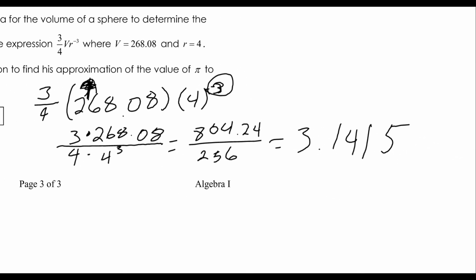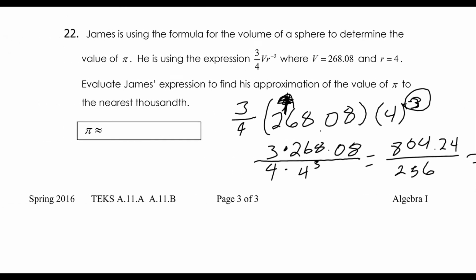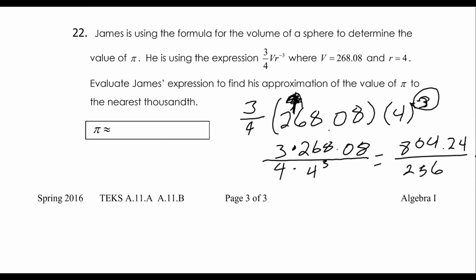So if y'all remember place value stuff, we got the tenths, the hundredths, and the thousandths. Now this 5 right here tells us that we're going to round this up. So what we're left with is 3.142. All right, and that concludes the notes.